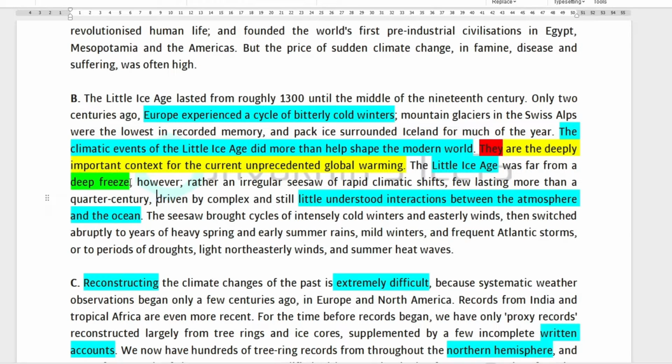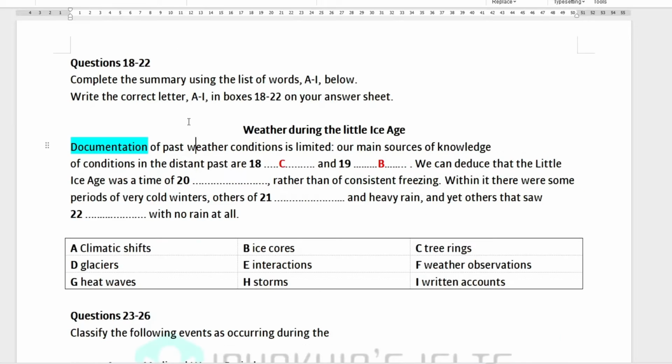Rather than consistent freezing, it was a time of rapid climatic shifts, an irregular seesaw. So we have climatic shifts. You might want to highlight that as well.